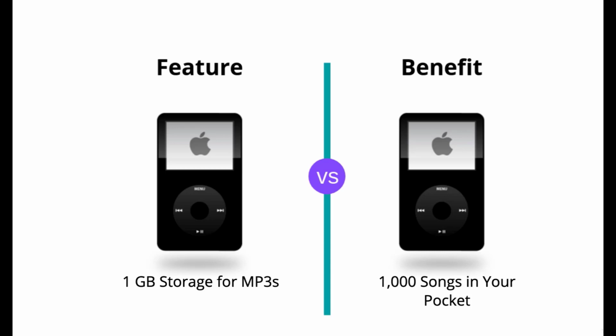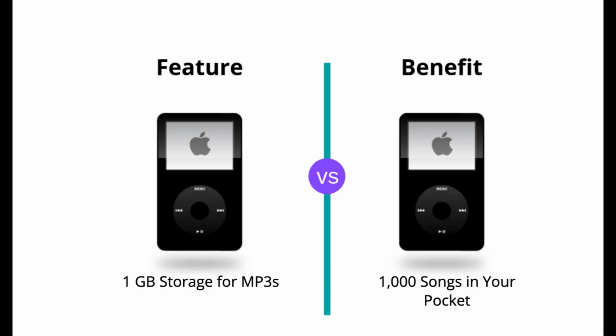Okay, but I can see here 1,000 songs in my pocket, and I get it. So that really gives them an idea and they understand that there's a clear benefit in it. Okay, I love that advertising before. So I remember having a mini disc player years ago. This is going back quite a while now.